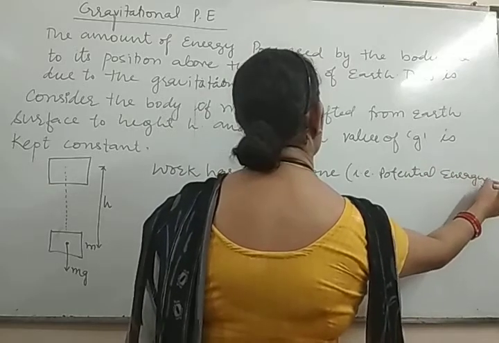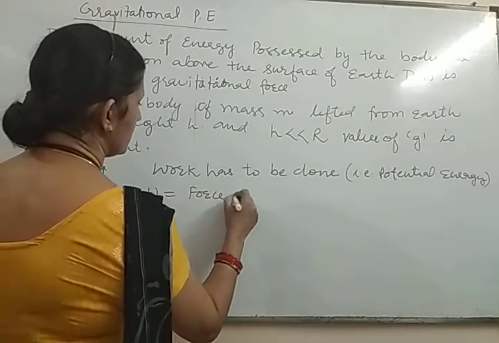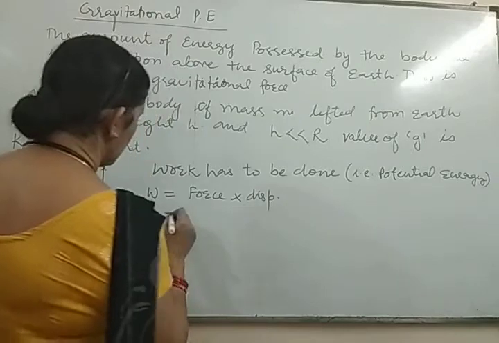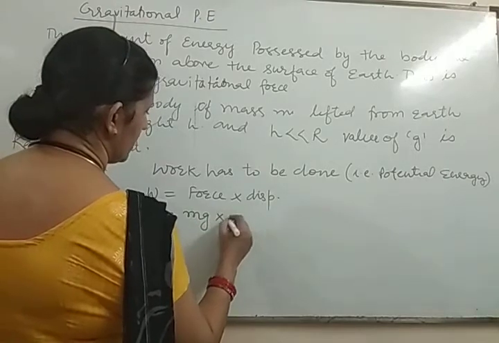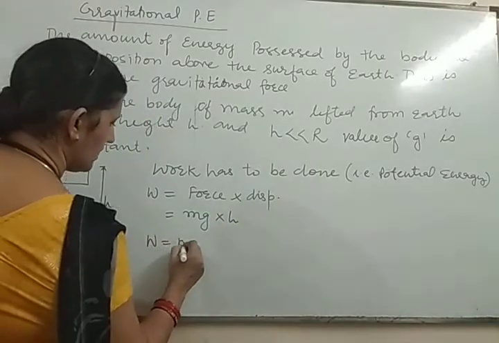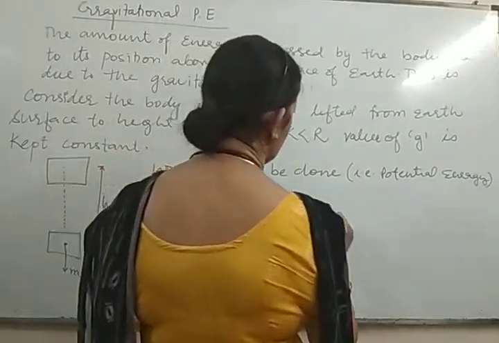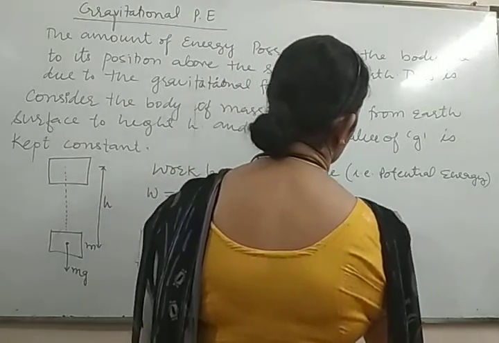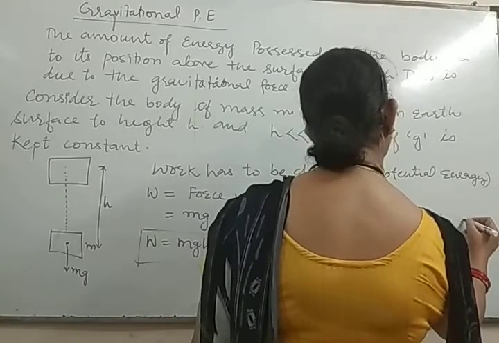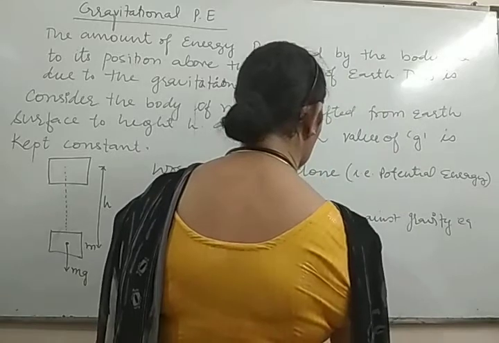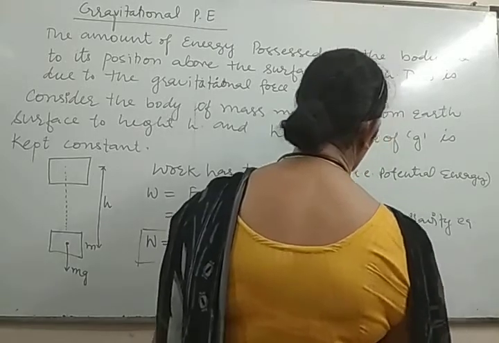So what is the amount of that work done? You know, work is equal to force into displacement, and the force here is the weight of the object, that is mg, and displacement is h. So we can write this work done as mgh, and this work against gravity is equivalent to potential energy. This is denoted by capital U, and you can write U is equal to mgh.